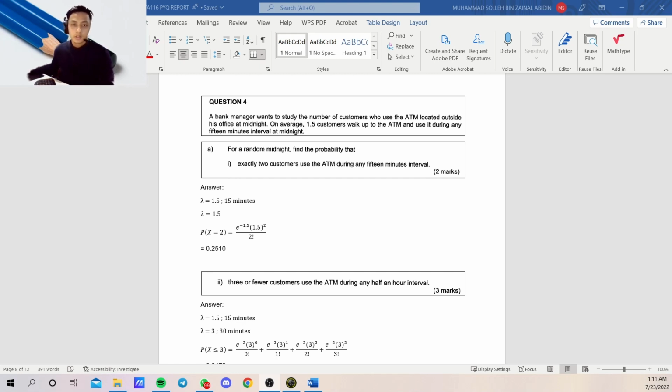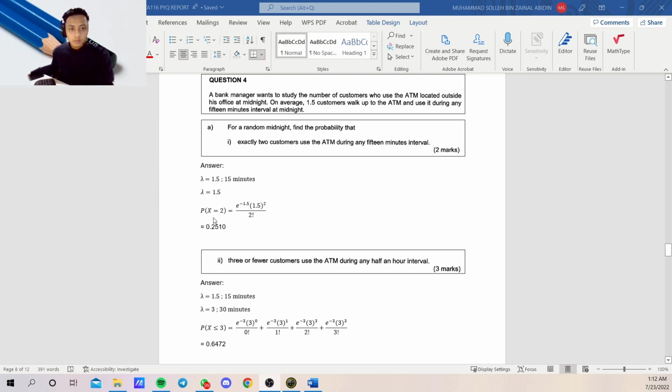Alright, so this is how we answered the question. For lambda it was 1.5 customers average every 15 minutes. So that means the question wants 2 customers during a 15 minutes interval. So it means at each 15 minutes it was 1.5. So this is how we calculate it.